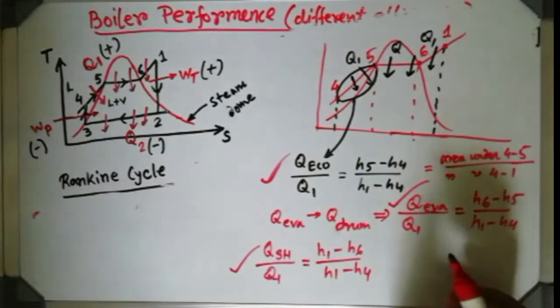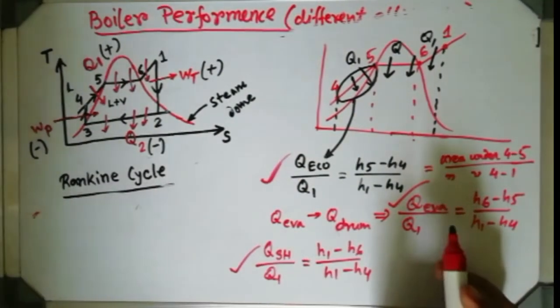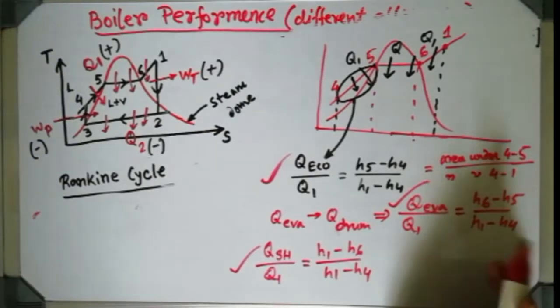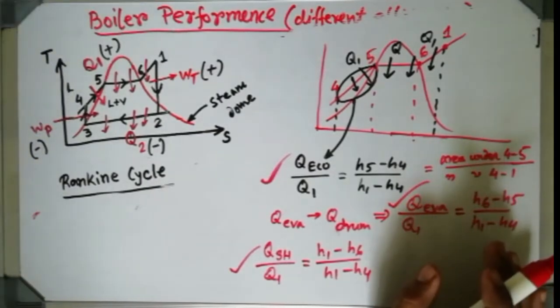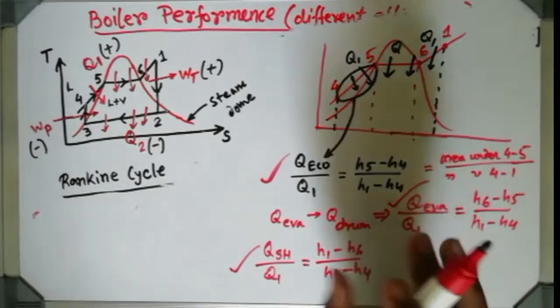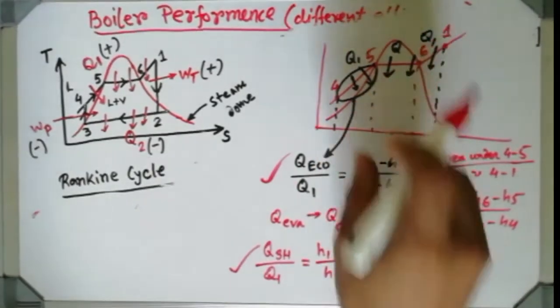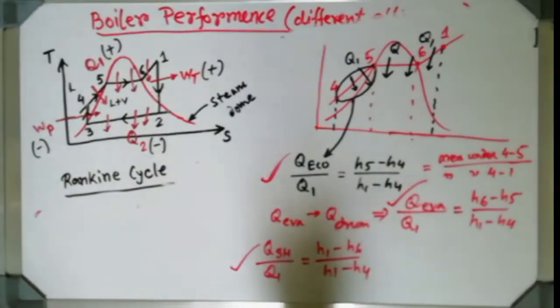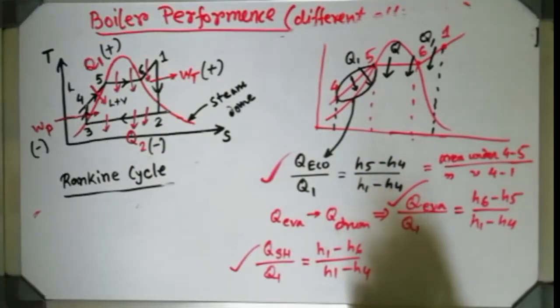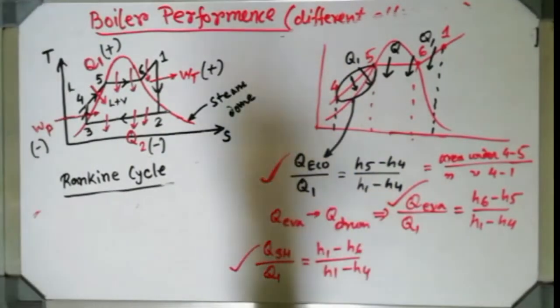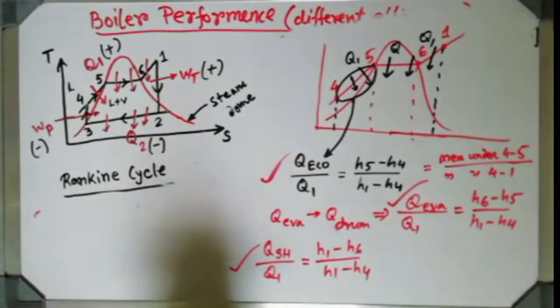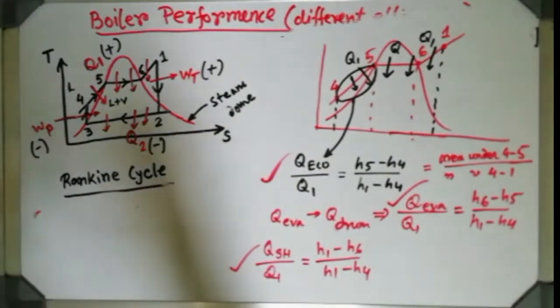I am not going to discuss the process of graphical solution here. But if you make a graph properly, then from the graph itself you can find these values. But we are going to find those values from the steam table. That's why the steam table is very important here.